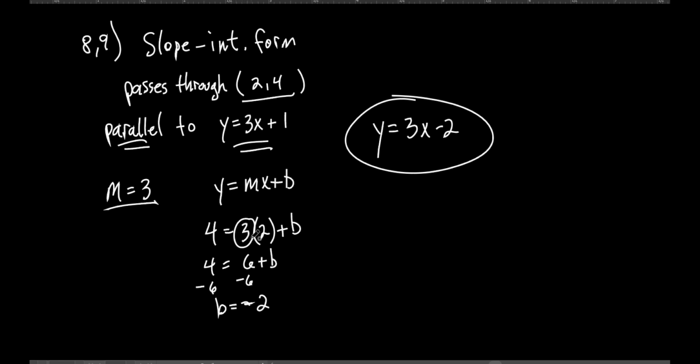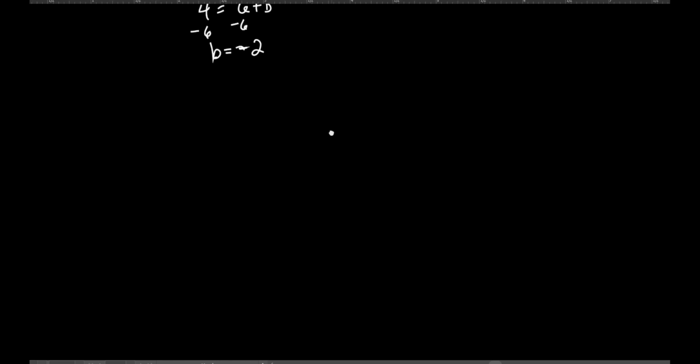Make sense? Number 10, I just asked you to graph, and I give it to you in standard form. In order to graph it, it'd probably be easier to change it into slope-intercept form. Would you agree with that?